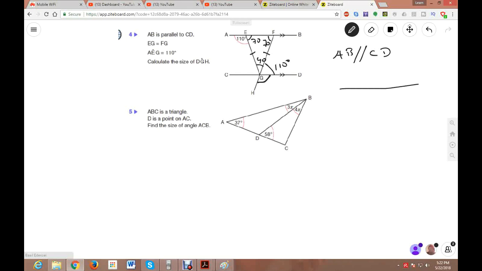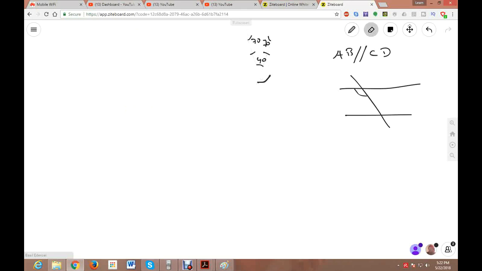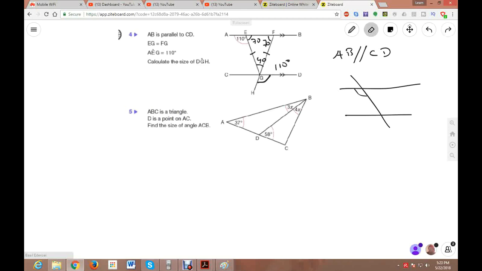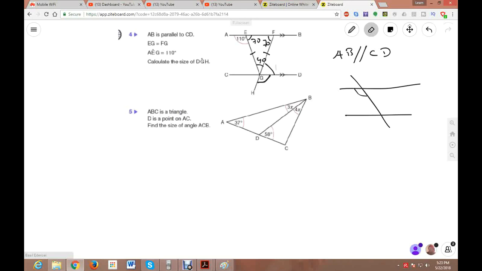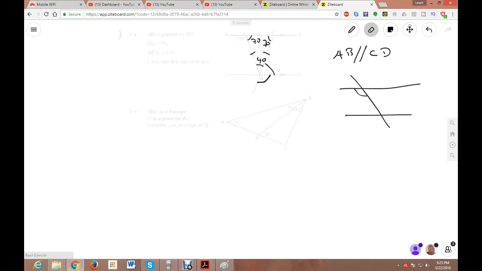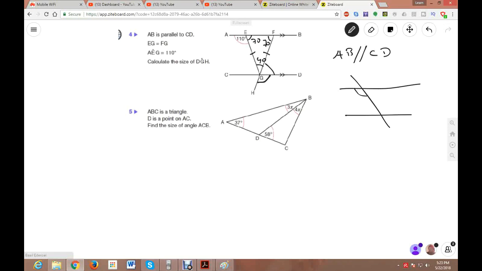Because you see, these two are parallel lines. Oh, I made one mistake here. I'm sorry. It is actually something like this. The summation is supposed to be 110. So I just take this thing as x. So 40 plus x is 110.